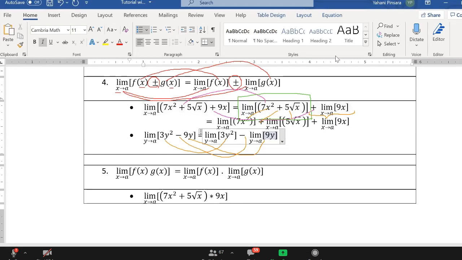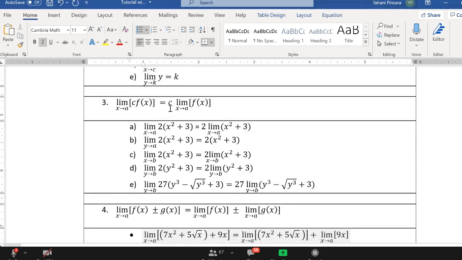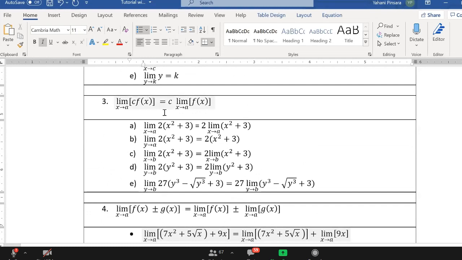So I'll move on. The question is about the third question, third law. In the first question, why can't we put the answer as 2a to the power 2 plus 6?